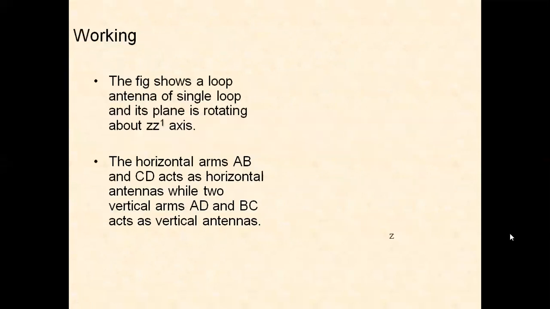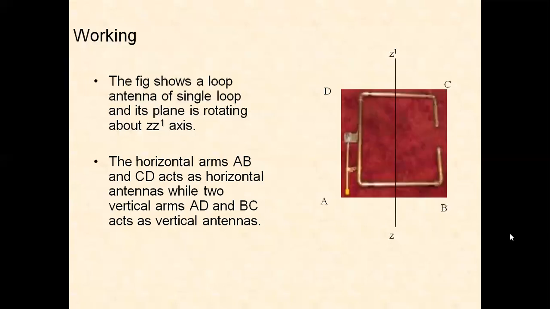Now let us see the working principle. This figure shows a loop antenna of a single loop whose plane is rotating about the Z axis. This is the Z axis, and we have the plane A, B, C, D. It is a square loop, rotating about the Z axis.